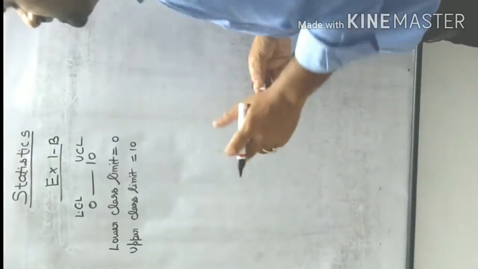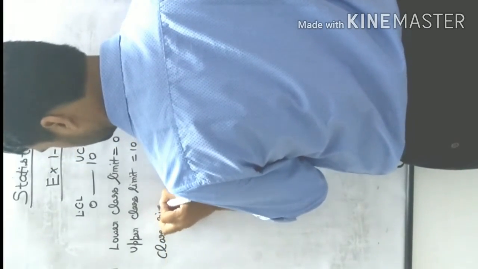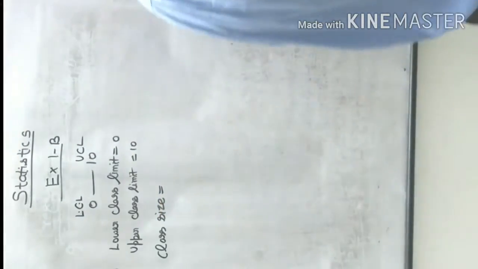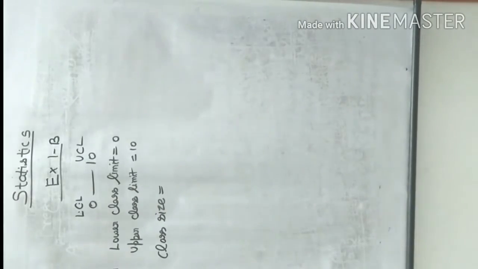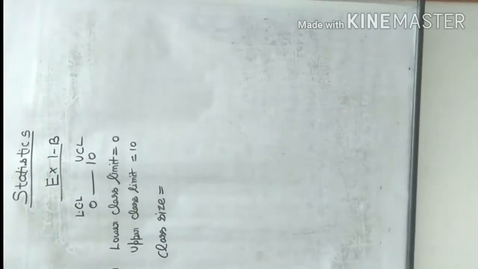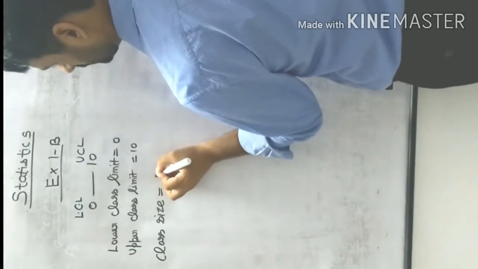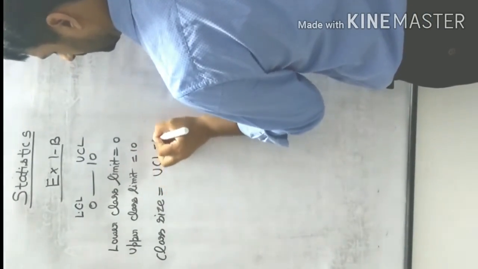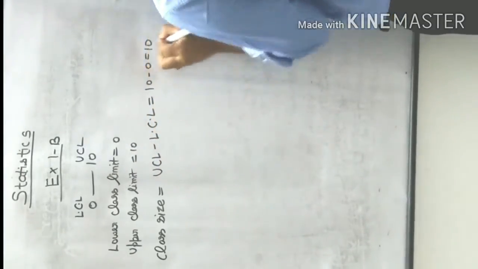Class size means basically width. Class size means the upper class limit minus lower class limit. UCL minus LCL. That means 10 minus 0 equal to 10.